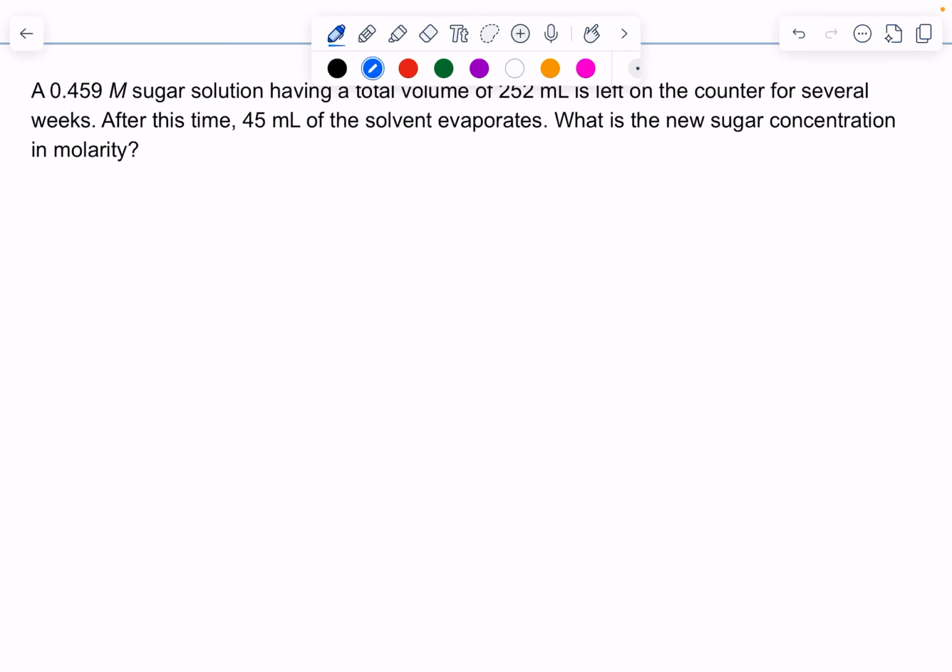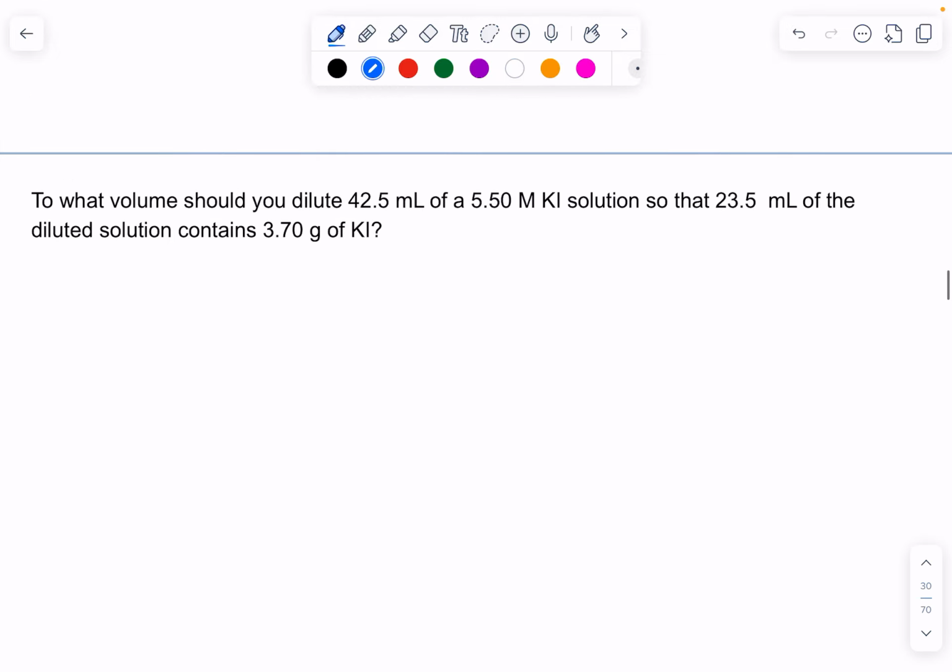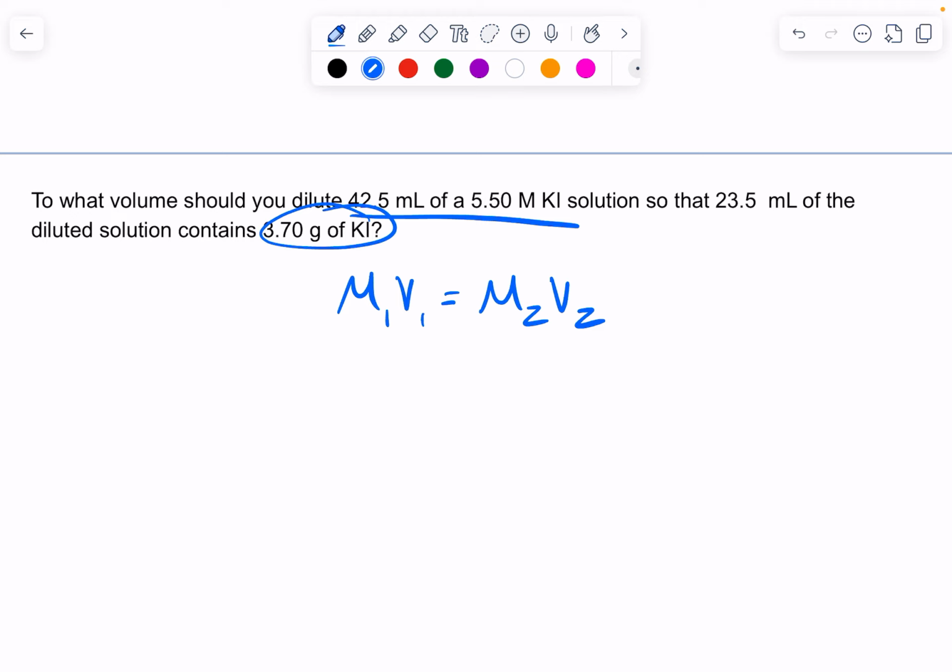Okay, so in this one, let's actually do the second one first. This is a dilution problem. So you are using M1 V1 equals M2 V2. It's a little bit more complicated than that, because you're solving for M2, but then you're going to do something else with it.